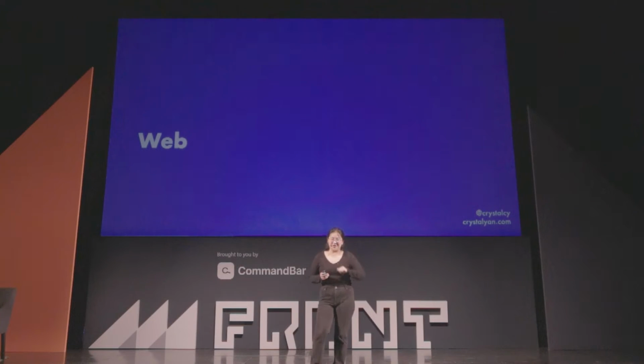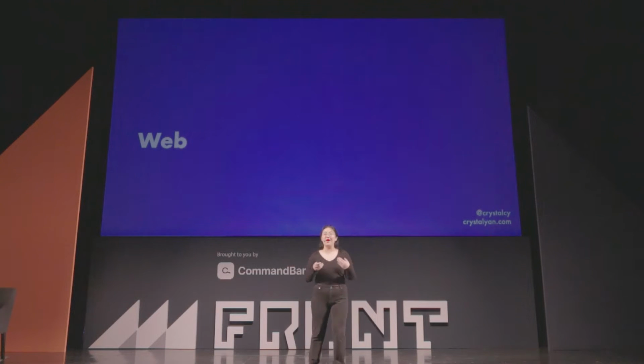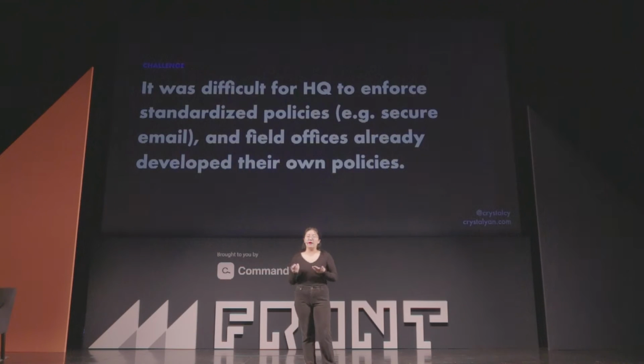The website was actually very interesting, and this was a scenario where we had a lot of grand ideas, and it was on the surface a very simple project where we had a lot of ideas for how to improve the information architecture. But as we got into it and started redesigning one specific local office and also the overall asylum program's website, we realized that some offices were going rogue on policy.